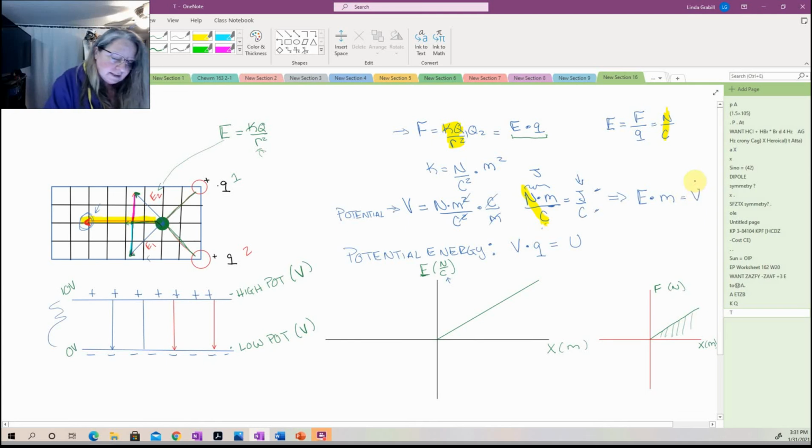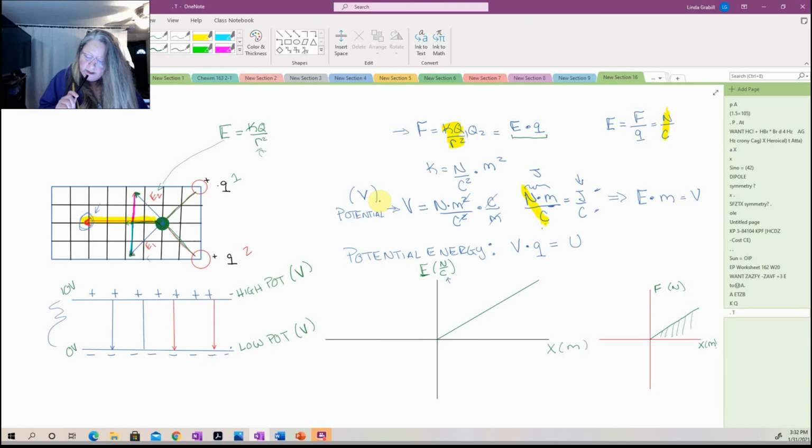Now, the one thing I didn't say last week is, while I'm giving you the fundamental units that go in there, you're going to like this. The units of voltage, or volt, is V. So electric potential has the symbol of V and the units of V. I don't know if that makes life easier or a little bit more confusing, but they're both going to look the same.